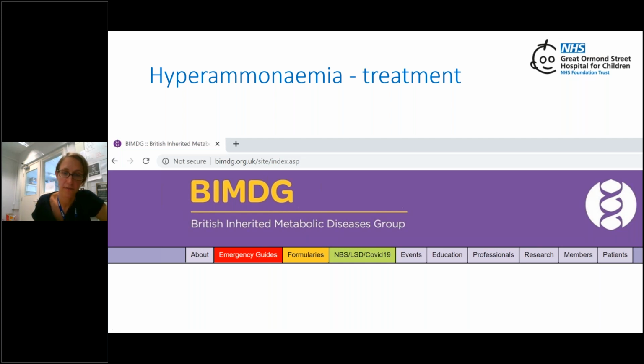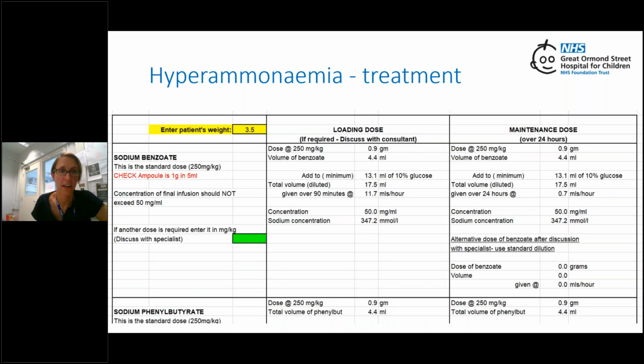So I'll show you that now. The drug calculator, for example, for hyperammonaemia, you can see it there. It comes up as an Excel spreadsheet, and you can put in the patient's weight, and it will automatically calculate the doses for those 4 emergency drugs that I've given you: benzoate, phenylbutyrate, arginine, and carnitine.